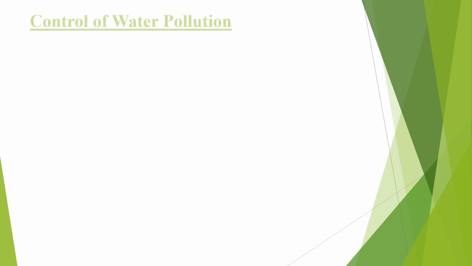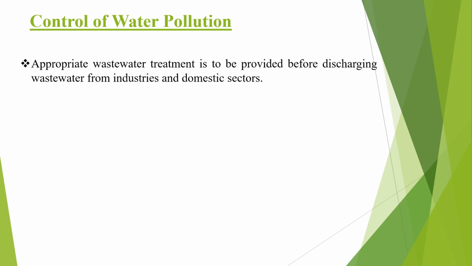Now let's discuss the measures that you have to take to control water pollution. Some of the measures which can be adopted to control water pollution are: appropriate wastewater treatment is to be provided before discharging wastewater from industries and domestic sectors.